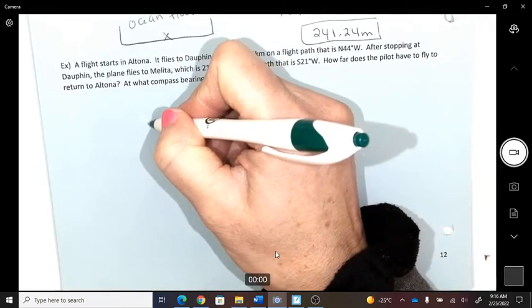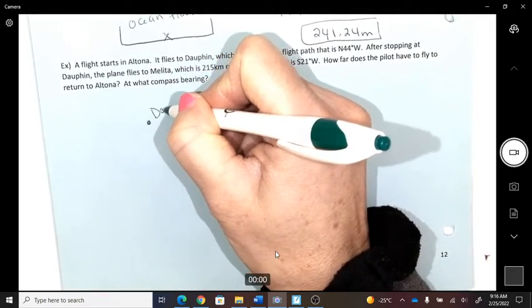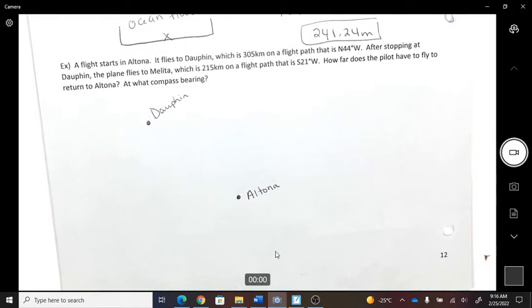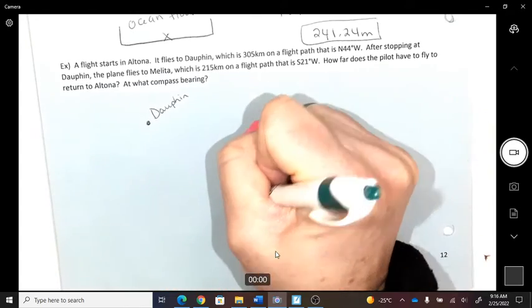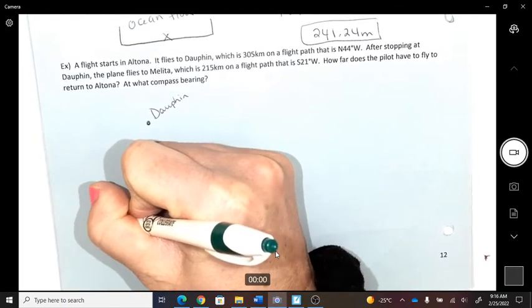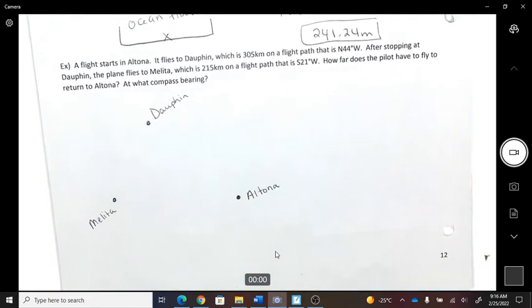Dauphin is in Manitoba. Dauphin is over there. And Melita is over here. That's like a map. That's where the towns are in Manitoba.